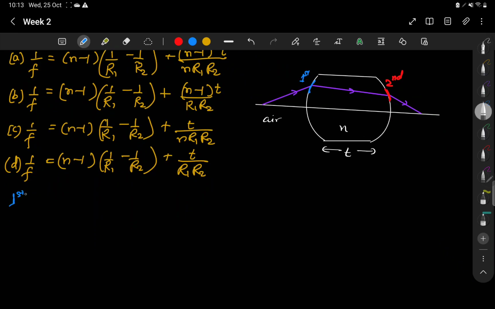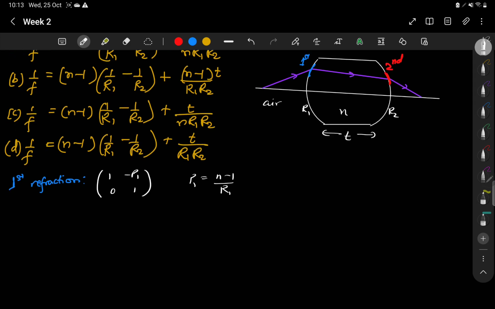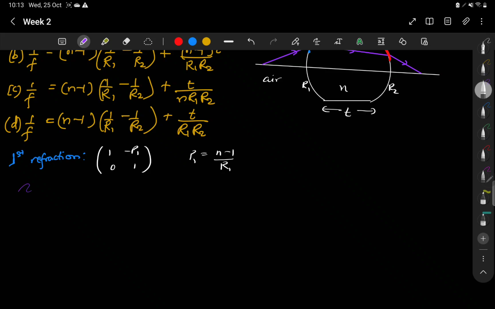So for first refraction, this is the system matrix where P1 is the power. R1 is the radius for the first surface, R2 for the second surface. Then we have transmission. And then second refraction.